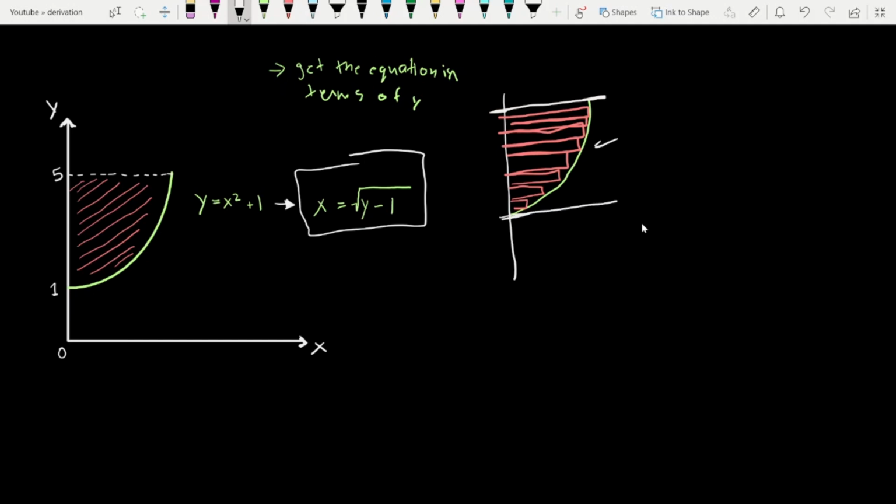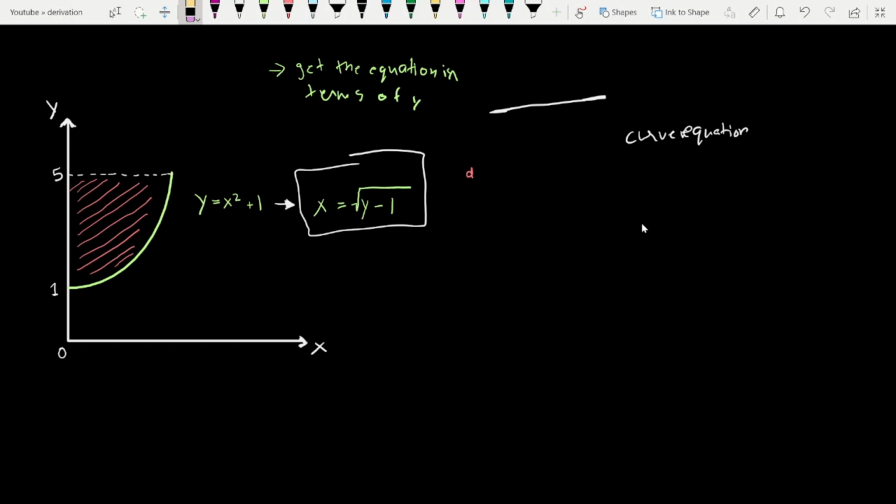And then obviously this right over here is going to be your curve equation. The widths of the rectangle are going to be dy. Before, they used to be dx. Now they are going to be dy, because this time we're talking about area with respect to the y-axis.